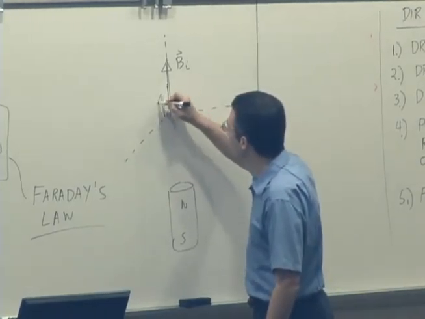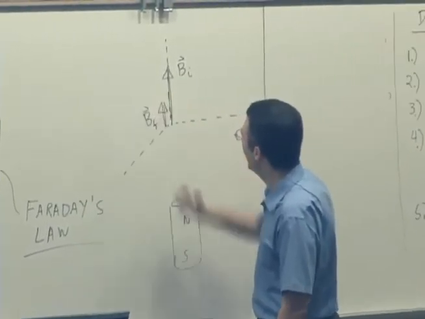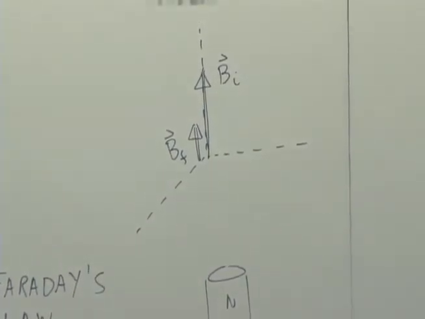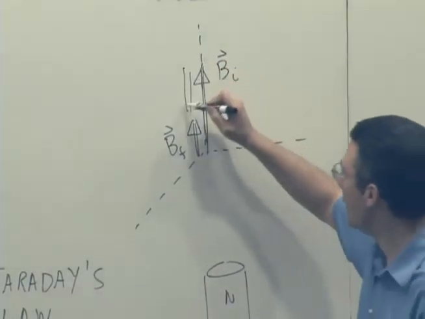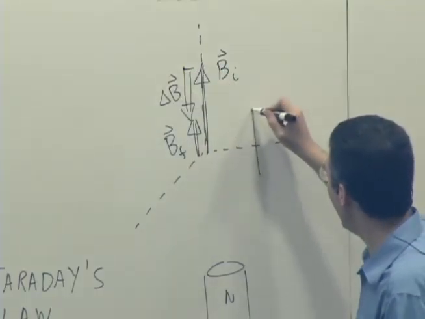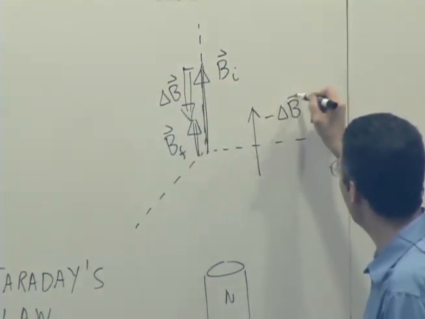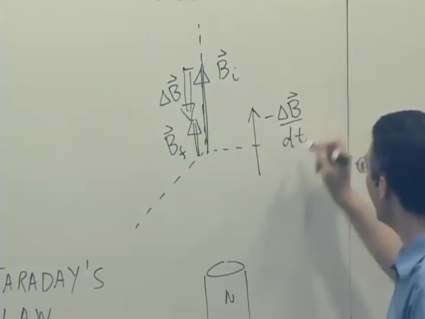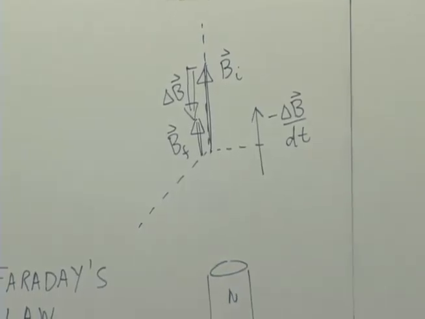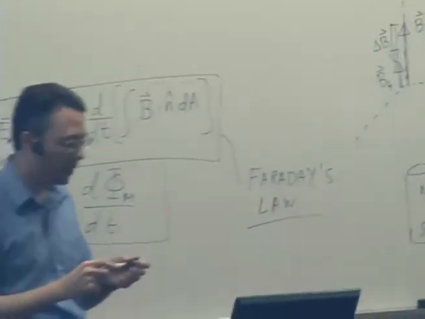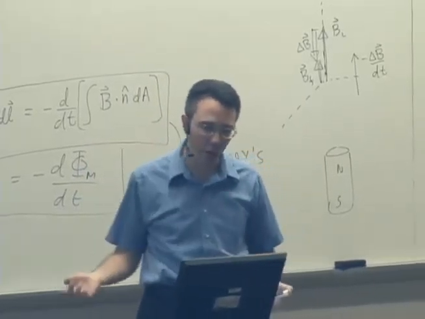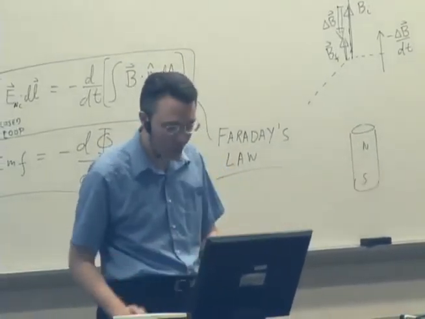So there's B final. Delta B is down, but negative delta B is therefore up. So negative dB dt, or negative delta B over delta T, is pointing up. What we'll do next time is that now that we know how to figure out these changes in the magnetic field and the negative change in the magnetic field, we can apply the last step, which is figuring out the direction of the non-Coulomb electric field in a situation like we demonstrated earlier.